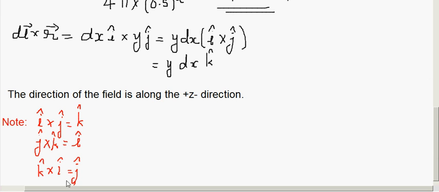Whenever we want to find out the direction of the magnetic field, we can use this cross product dl cross r, so that time it will be useful.